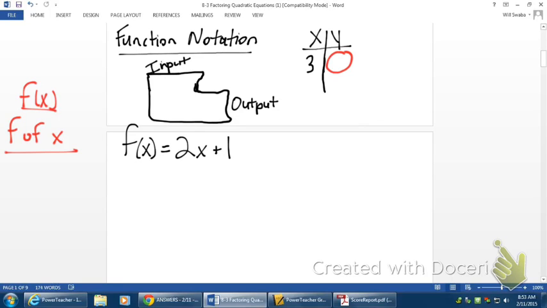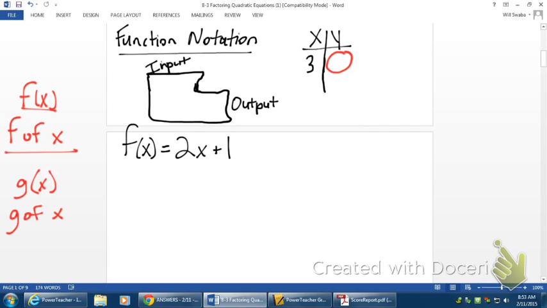Let's say if it was g, and there's an x right there. How do you pronounce that? G of x. Now, typically you'll see it as f, but you will see it as g also. Let's say if it was h and there was an x beside of it. How would it be pronounced? H of x. Man, you guys are smart, I'll tell you that much. You guys are on a roll.